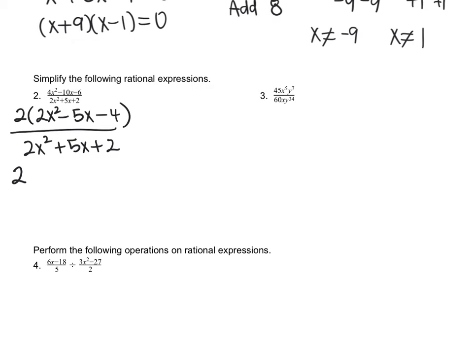So our numerator is going to factor, as we still got to remember our GCF 2, and then in parentheses we're going to have 2x plus 1 and then 2x minus... I made a boo-boo. This should be minus 3, not minus 4.